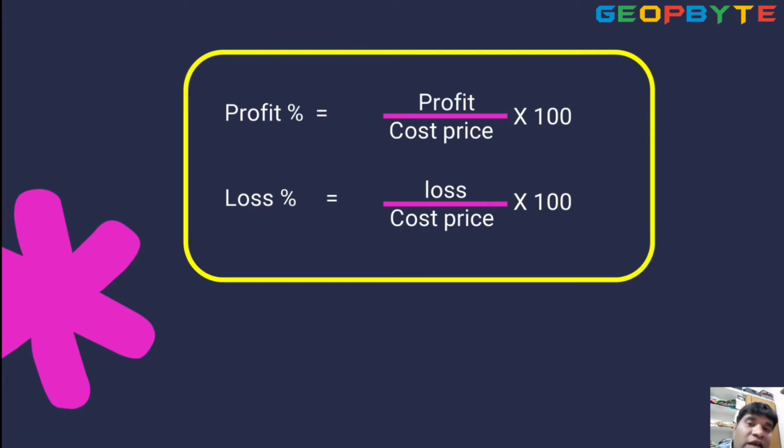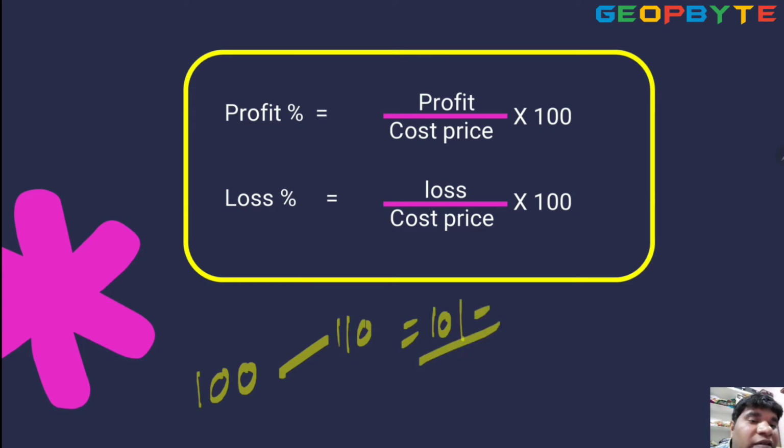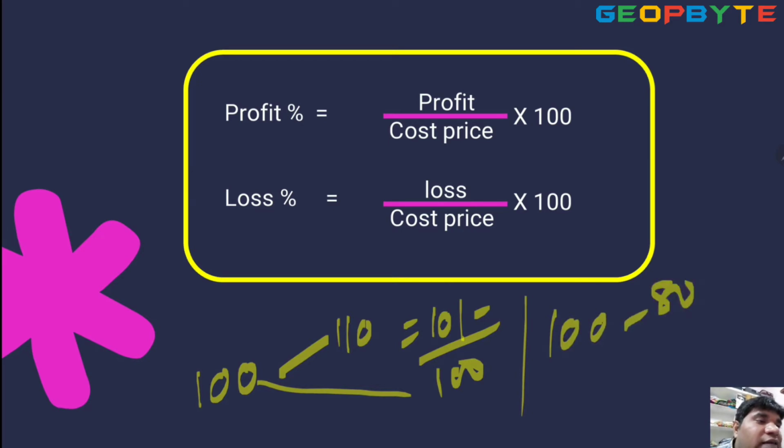If you are getting a loss, again compare with the cost price only. Observe here, cost price 100, first you sold at 110, so what is your profit? 10 rupees. Now this 10 is compared with this 100. Suppose the same 100 you sold at 80, how much loss? 20. Again you compare with this 100 only.